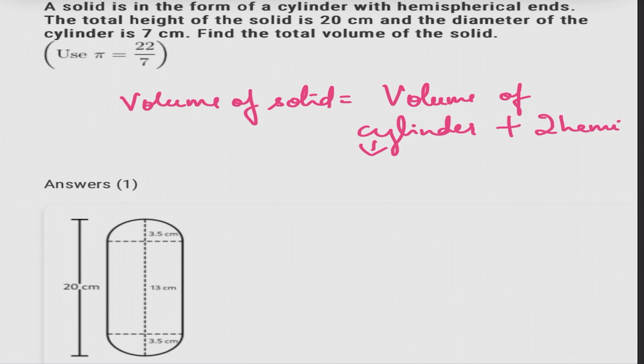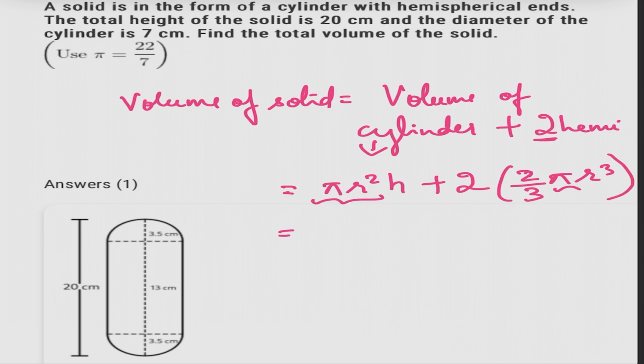What is the formula for volume of a cylinder? It is pi r square h plus, write this 2 as it is since we have two hemispheres. So what is the formula to find the volume of hemisphere? It is 2 by 3 pi r cube.